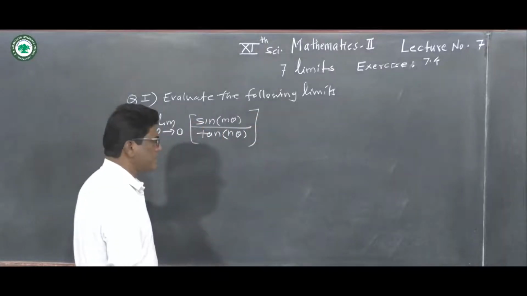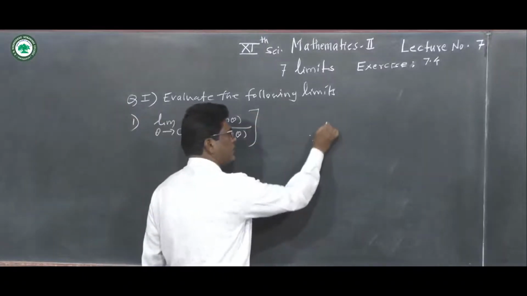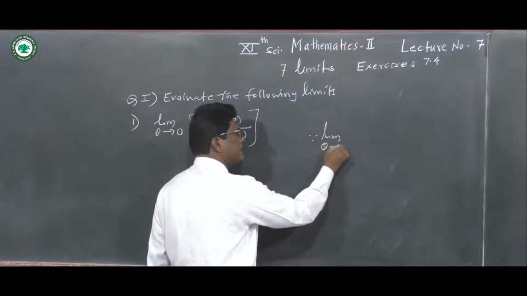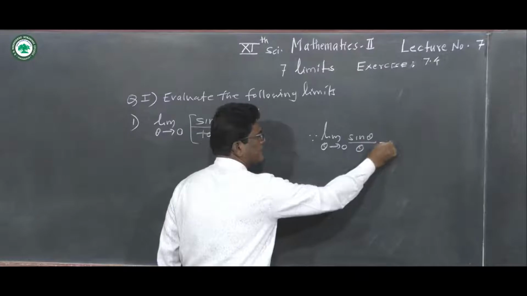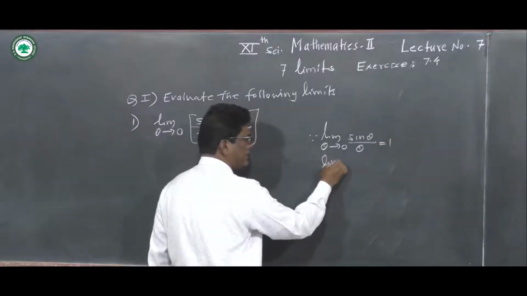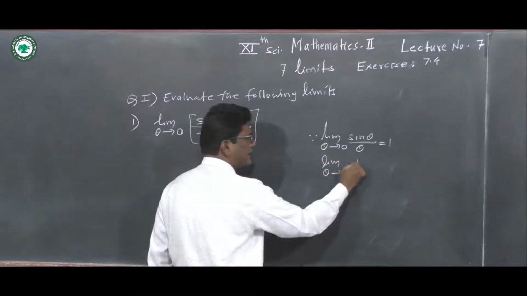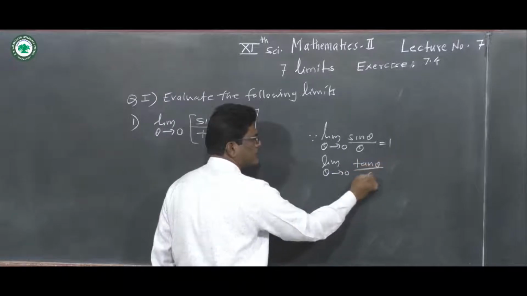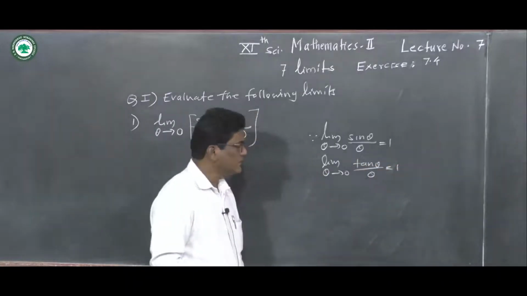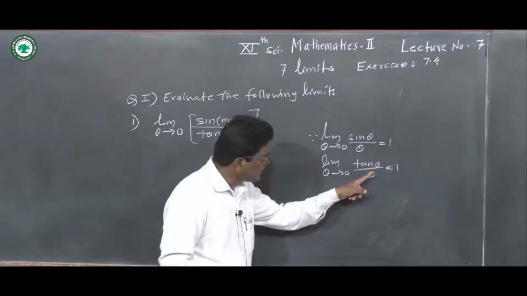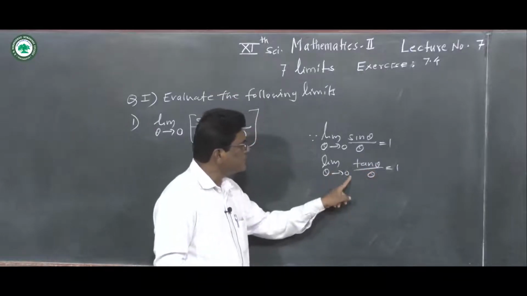Now just we have seen here the formula, limit as theta tends to 0, sin theta upon theta, is equal to 1, or limit as theta tends to 0, tan theta upon theta, is also 1. Here we may take theta or x. So here tan theta divided by theta, and that theta should tend to 0.